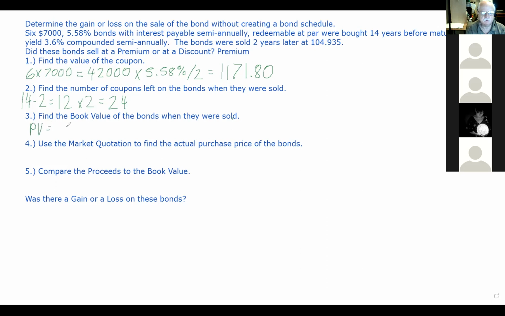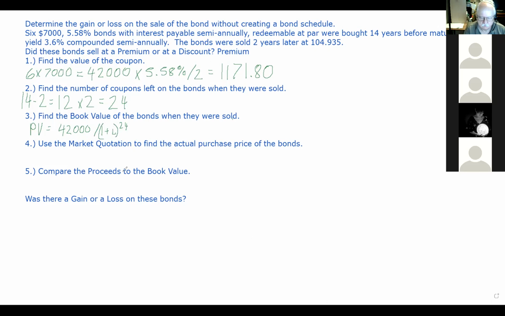Present value equals the future value, which will be 42,000, divided by 1 plus I to the power of, in this case, 24.